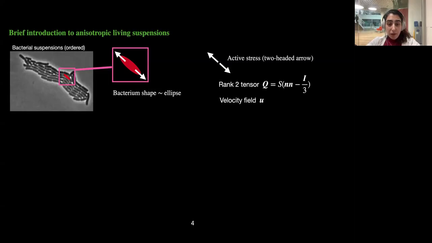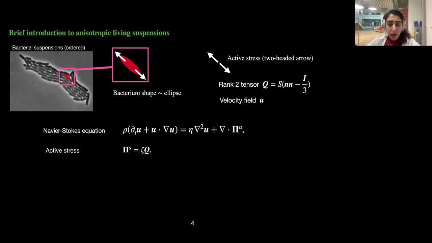And also to understand the dynamics, we need a velocity field, because these units change their orientation. And we know that for the flow field, we can always use the Navier-Stokes equation. The difference with the passive non-living systems is that here we have the activity because each of the units exerts a force on the fluid environment.